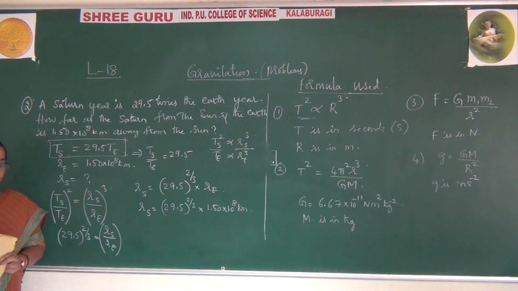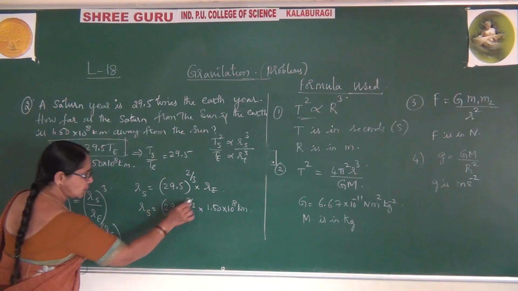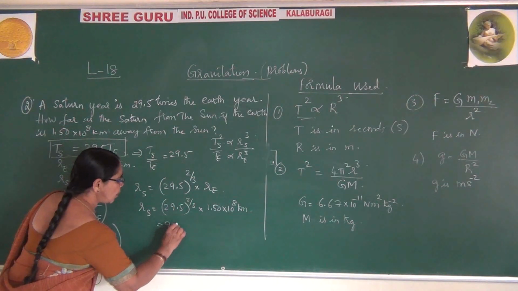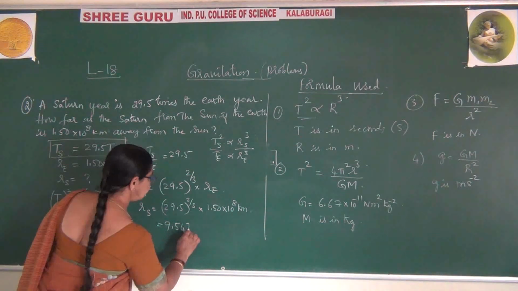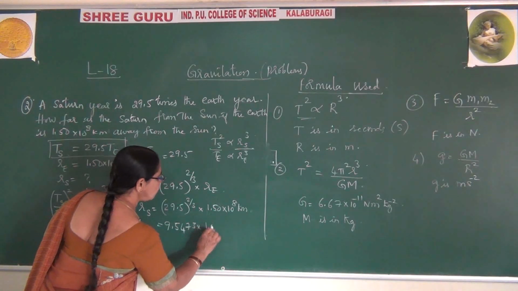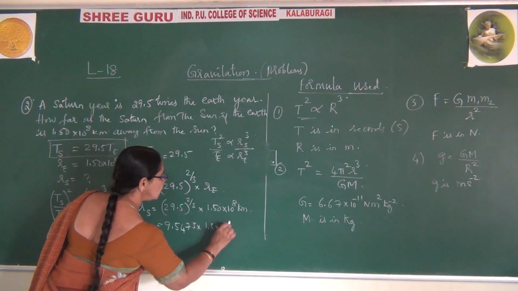Now, when you multiply 29.5 to the power of 2 by 3, you get the answer 9.5473 into 1.5 into 10 raised to 8.